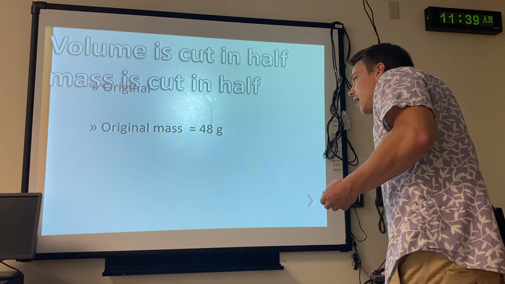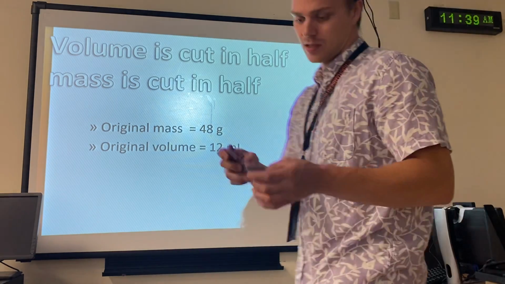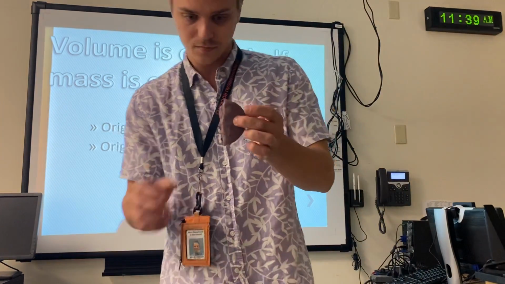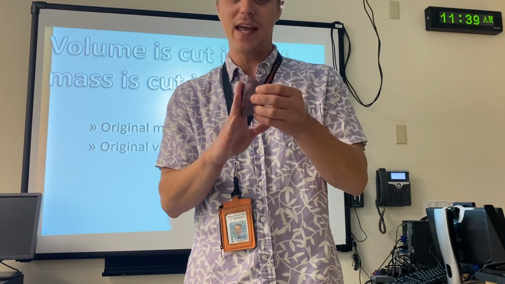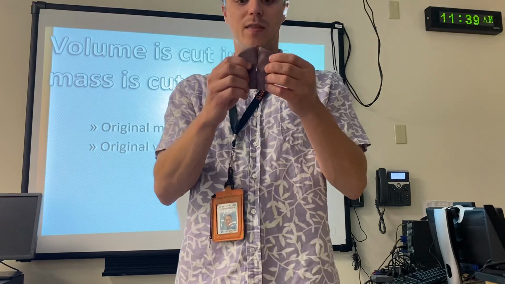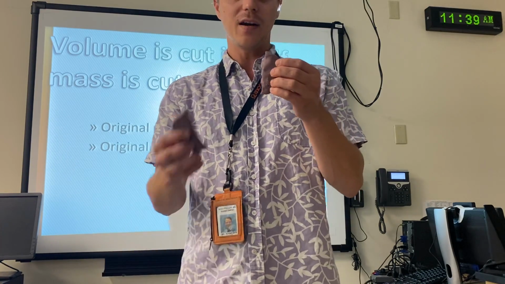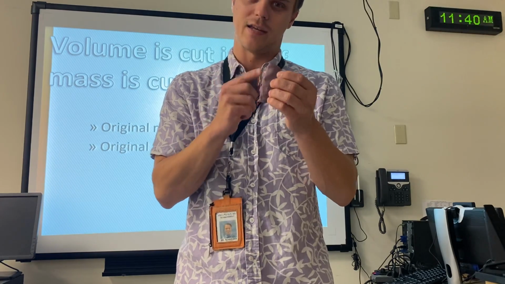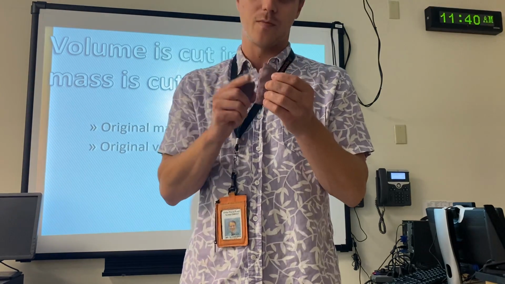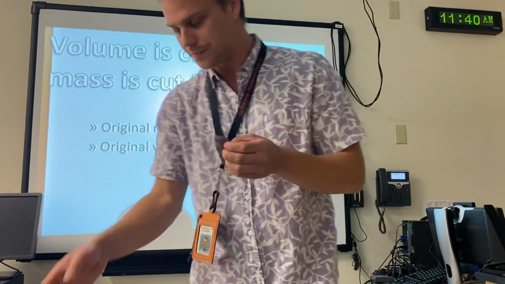Now, when I cut the object in half, that means its mass was cut in half, right? So it weighs half of the amount as when it was one piece. But not only is the mass cut in half, but the size of it is also cut in half. So that means the volume is half of what it was before.